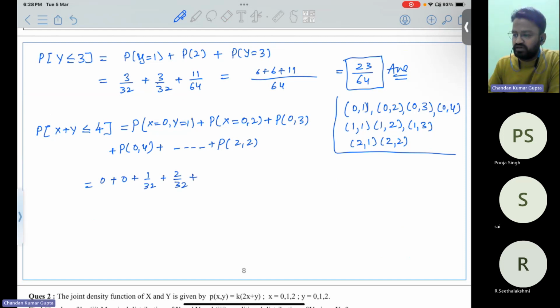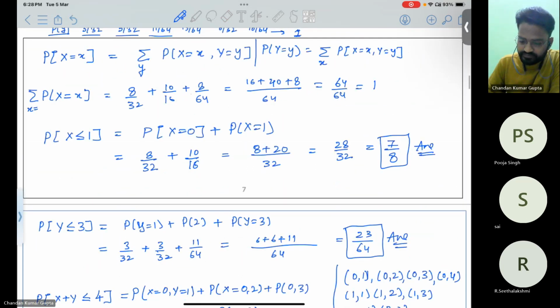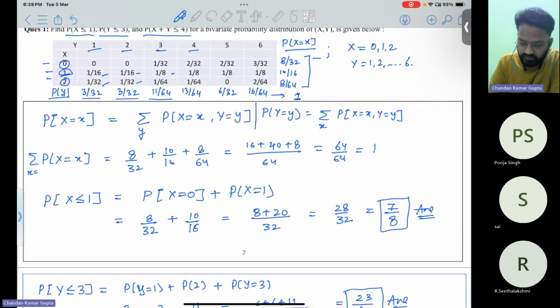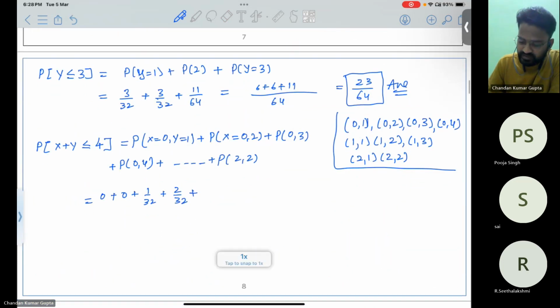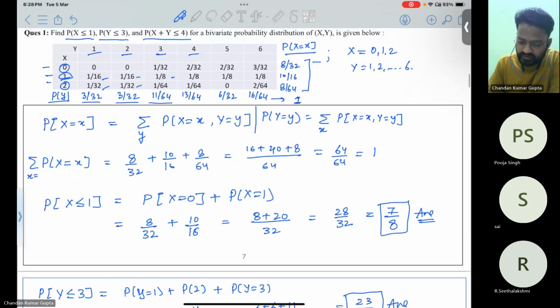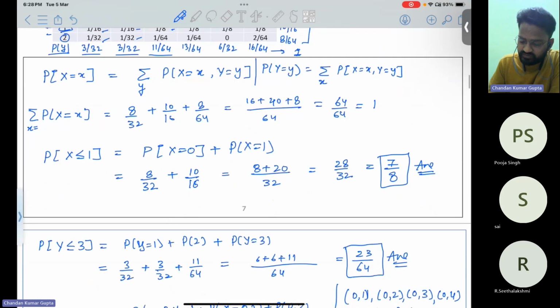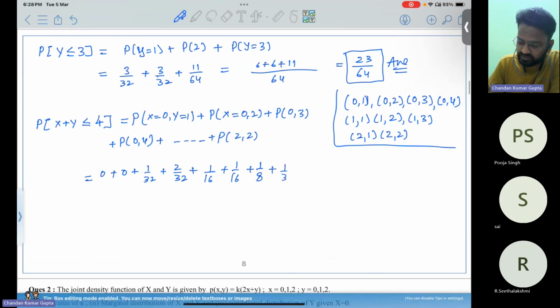In the same manner, 1 by 16 plus 1 by 16 plus 1 by 8, and 1 by 32 plus 1 by 32 plus 1 by 32 plus 1 by 32.